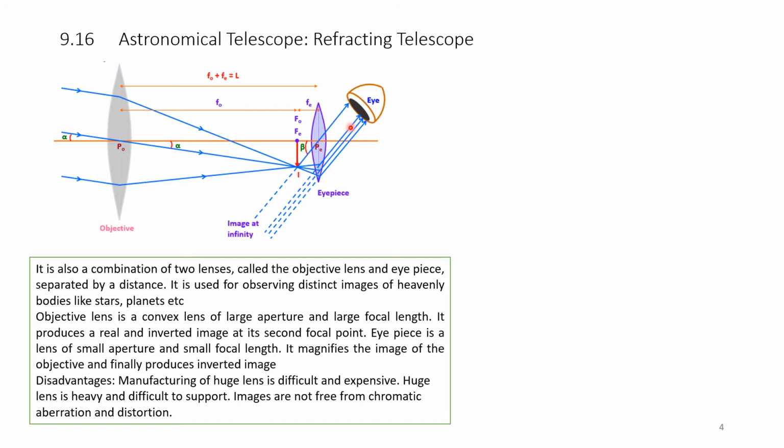The disadvantage of the astronomical or refracting type telescope is that manufacturing such a huge lens is difficult, and images are not free from chromatic aberration, that is, color distortion.